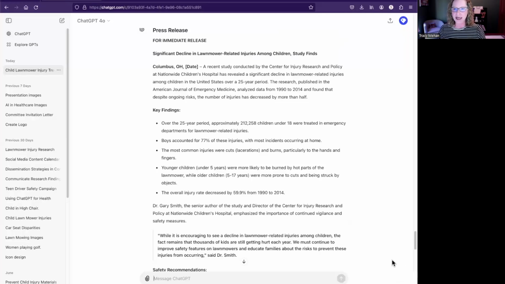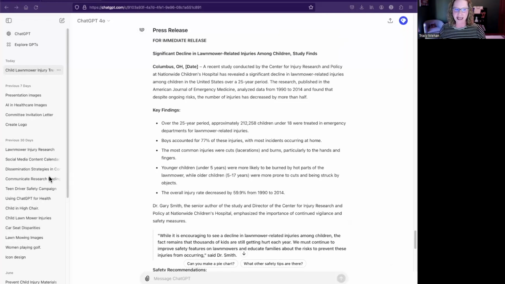Now, I wanted to point out one of the key findings in the study. This was over a 25-year period, and there was a significant decline in lawnmower related injuries in this study. But that's not what we wanted to focus on, because we tend to see that if we focus on the decrease, then people think, maybe I don't have to worry about this because the injuries are going down.